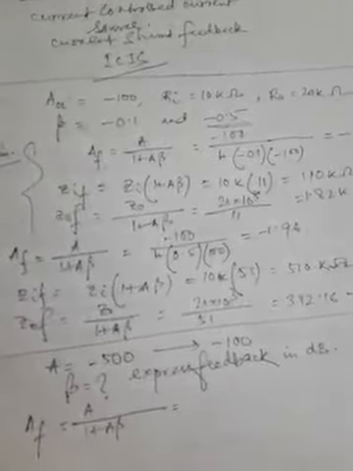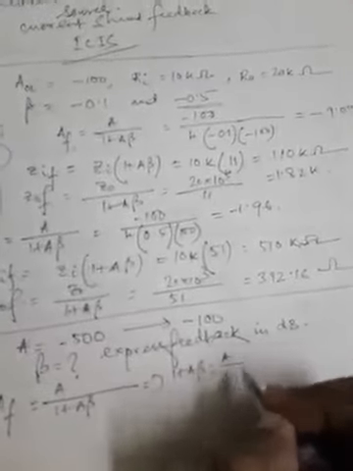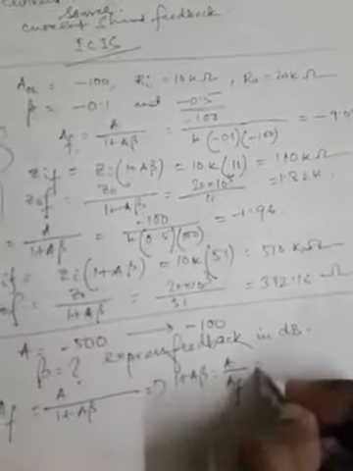Consider the basic formula: AF with feedback is the gain without feedback divided by 1 plus A beta. Now A is given as minus 500 and AF is given as minus 100. These two are given. So from here we can write 1 plus A beta is A by AF, which is 500 divided by 100, which is 5.